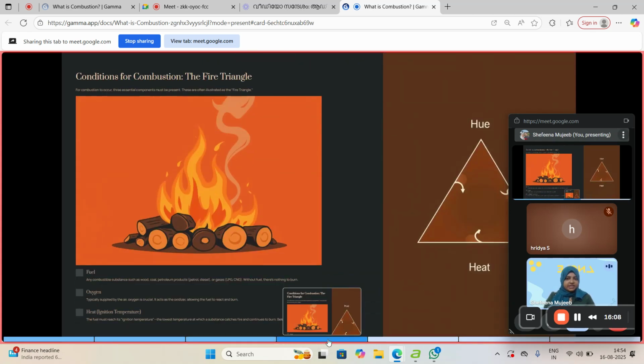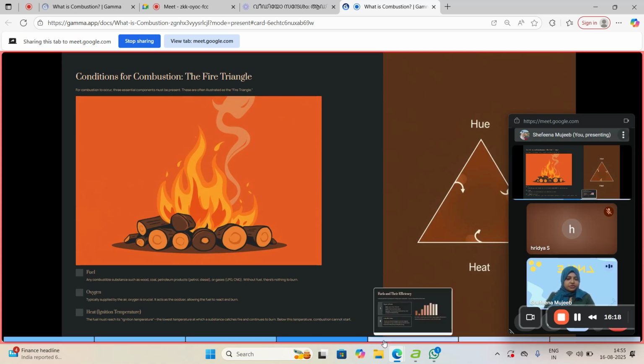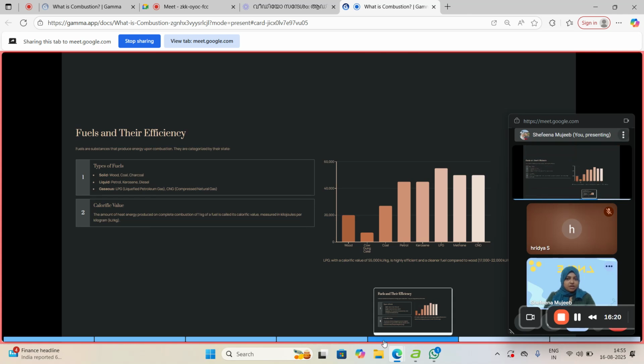Next is the conditions or requirements of combustion, the combustion triangle, and the importance of ignition temperature in the process of combustion. Then we come to fuels and their efficiency. The unit of the calorific value is very important, kilojoules per kilogram, and the highly efficient fuel is LPG.